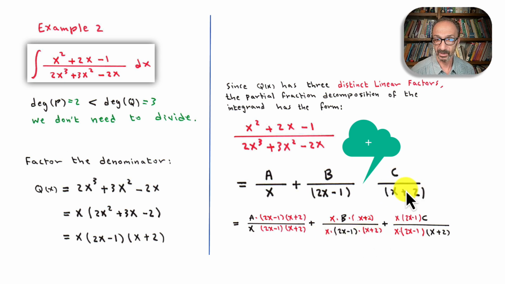This right here is available, but this one is missing and this one is missing. So we bring 2x minus 1 and we bring x next to x plus 2. Now if you bring x and 2x minus 1 to the bottom, you have to bring it to the top. Anything you bring down, you bring it on top to stay consistent and do it right.